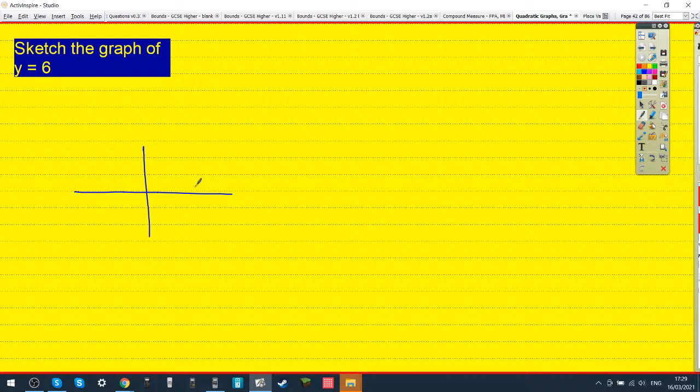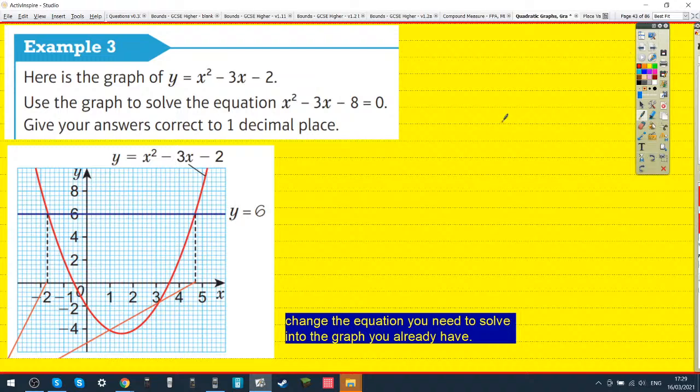What do you mean by that? So the top number is 6 and the midway point is 0. Y equals 6 would look like that. All of them have a y coordinate of 6. So 0, 6, 1, 6.